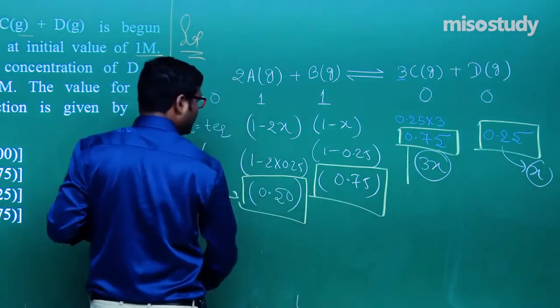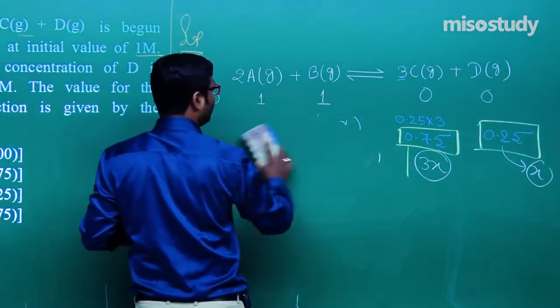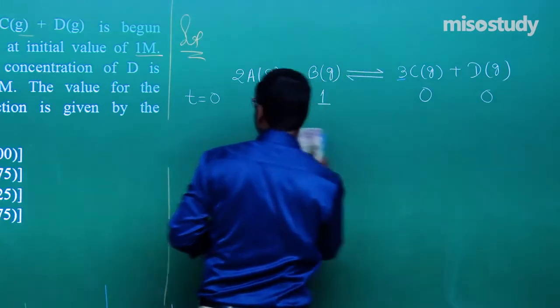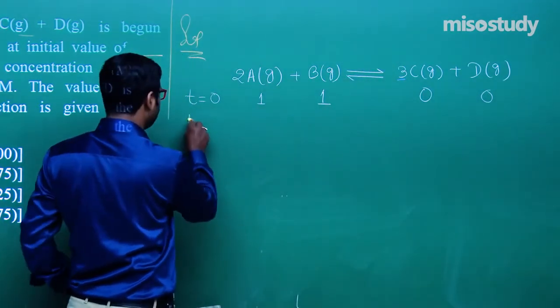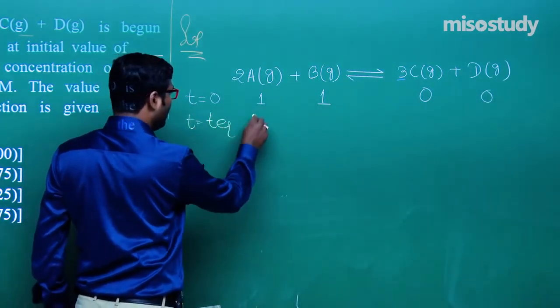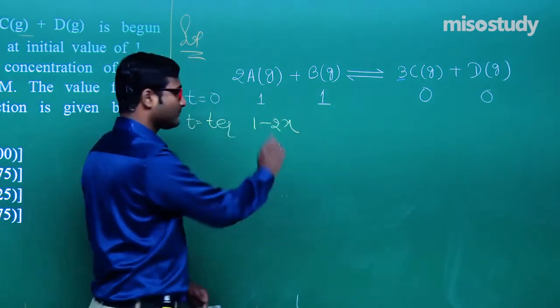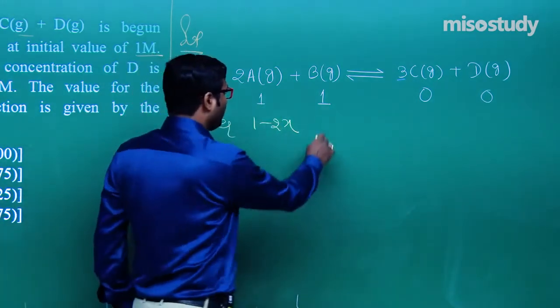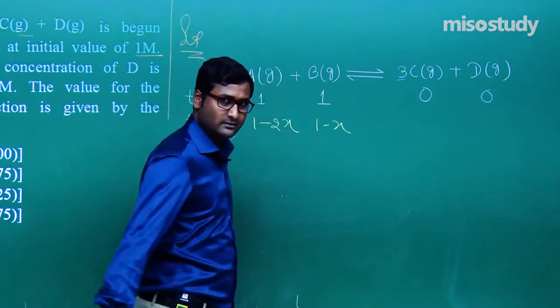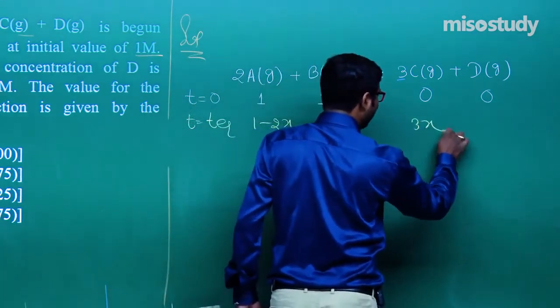I am going to rub this part. Again I am writing. If you have any doubt, use the book's formula. At equilibrium: 1 minus 2x, 1 minus x, 3x and x.